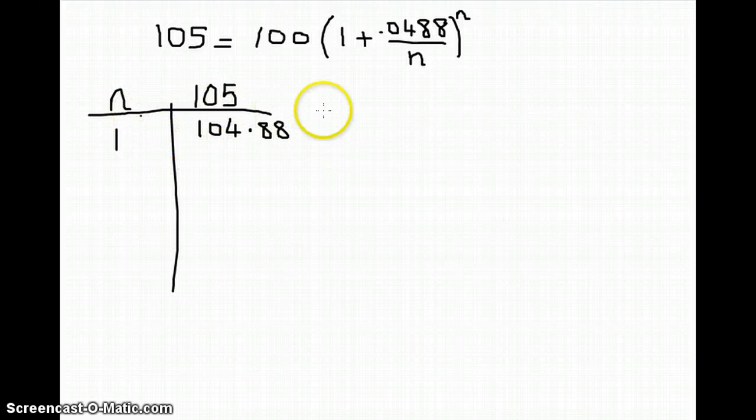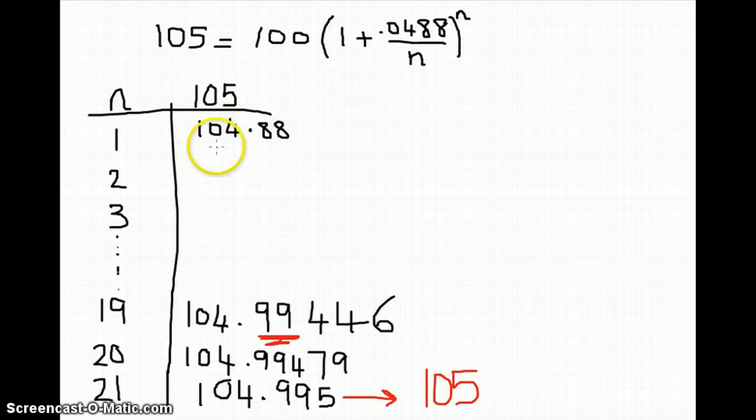So the bank is obviously not going to do that for you. So they're going to have a minimum number of times that they compound to keep their promise, right? So it doesn't check because we're rounding to 2 decimal places right here, and that didn't reach 105. So let's keep going. If we plug in 2, 3, 4, 5, you're going to get numbers. And then when you reach 19, you're going to get that number, which we're rounding to 2 decimal places.